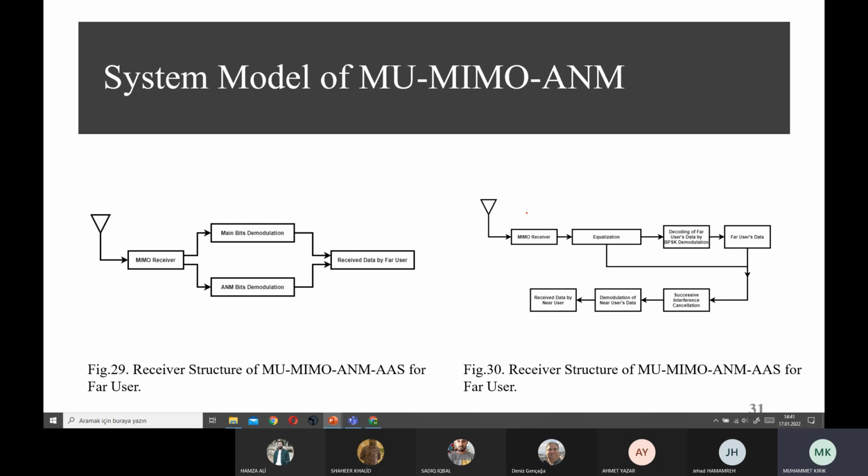For this reason, we first decode the far user's data by using BPSK demodulation and extract it. After that, we use successive interference cancellation, and eventually we get the near user's data. And when we demodulate it, we come up with the near user's received data. So this is how the receiver structure of the near user works.